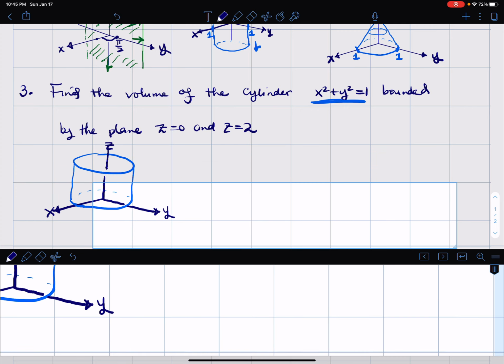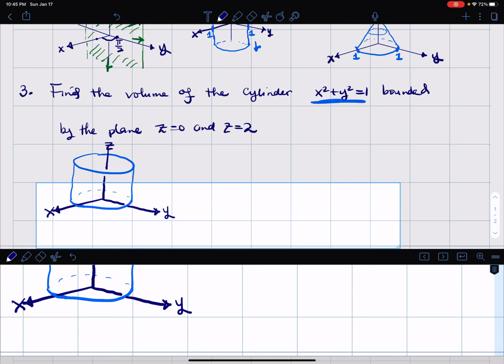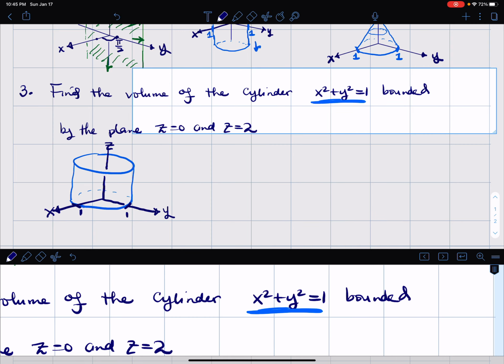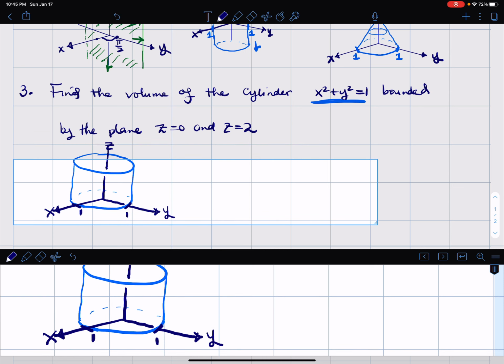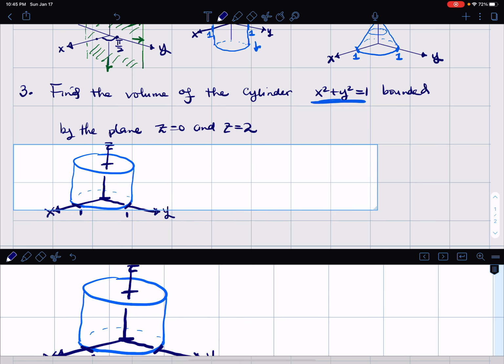So this is our cylinder, and the cylinder is a cylinder of radius 1, right? Because this is a circle of radius 1. So just a circle of radius 1 that runs along the z-axis from z equals 0 to z equals 2.